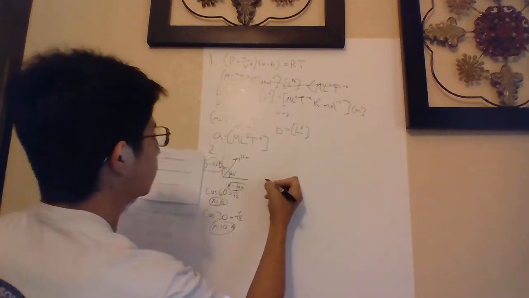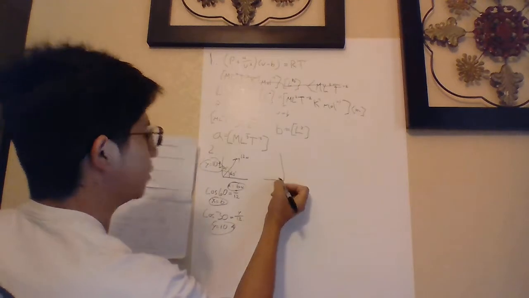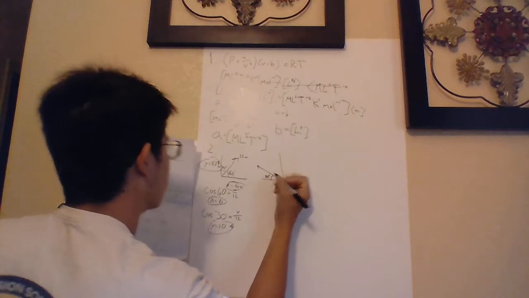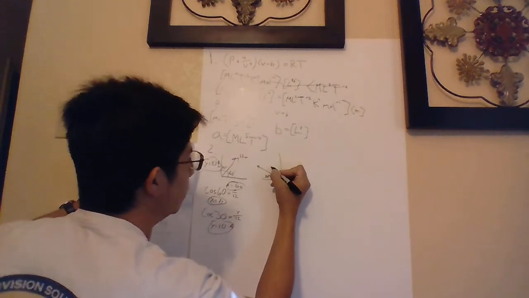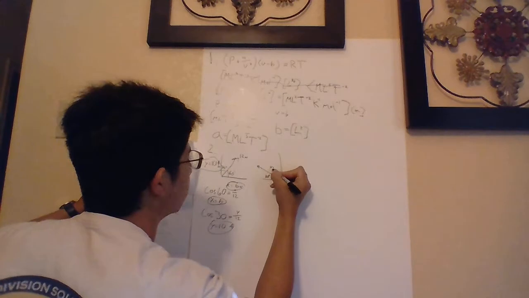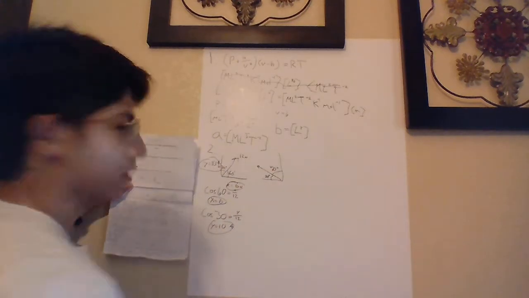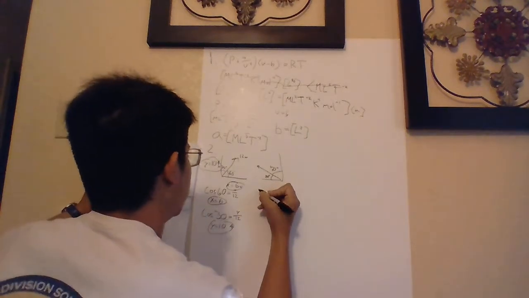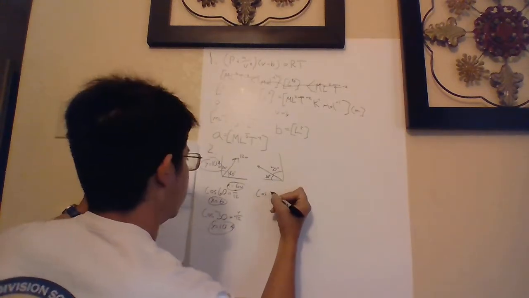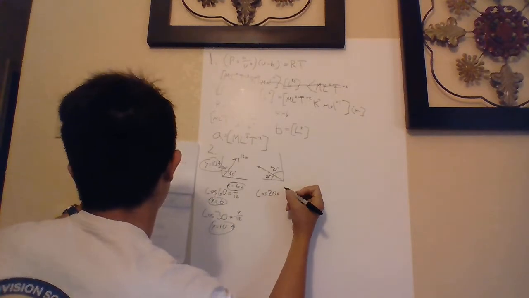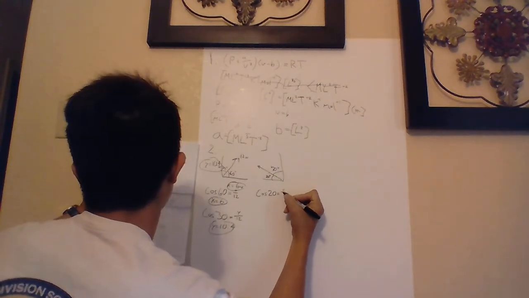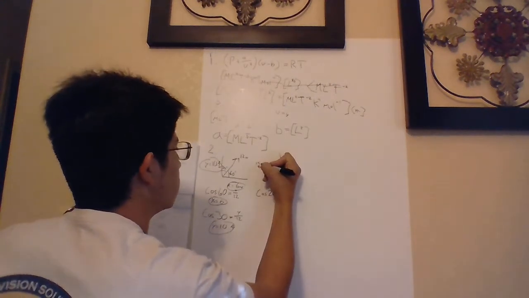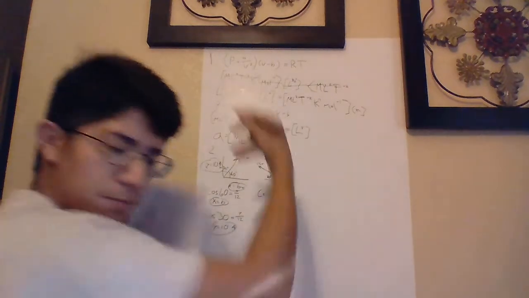For the second one, it's at an angle of 20 degrees. So this right here would be 70 degrees. Same process using cosine. So I did cosine 20 equals x over 15, because this is 15 newtons.